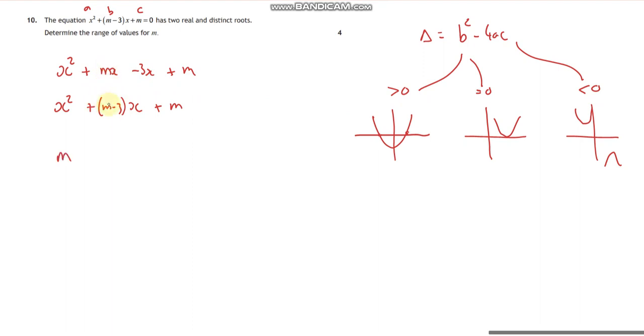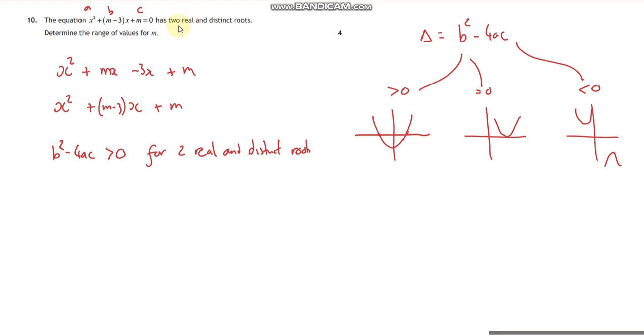So at this point, first of all, I'll say b squared minus 4ac is what for two real and distinct roots? Well, it's greater than 0 for two real and distinct roots. And that's it, actually, isn't it?